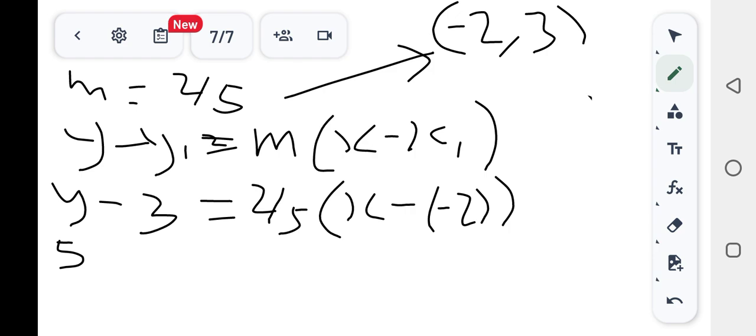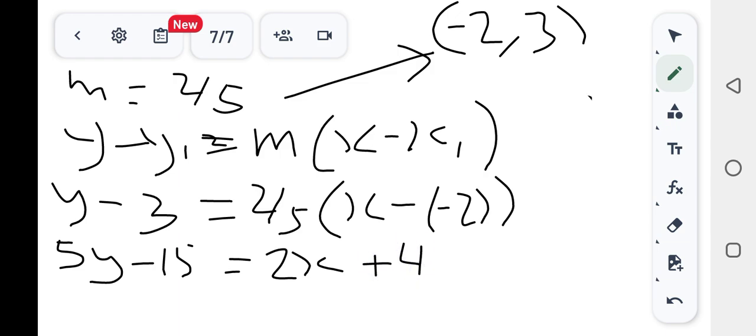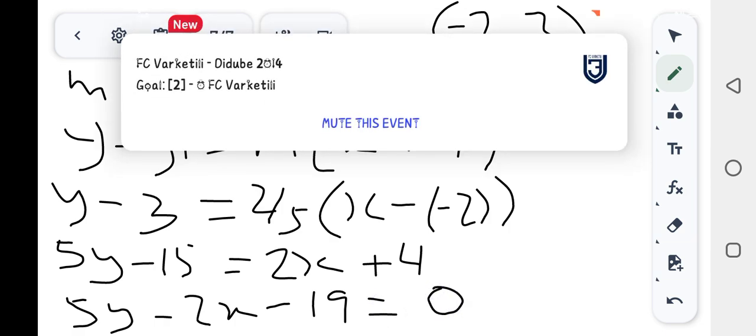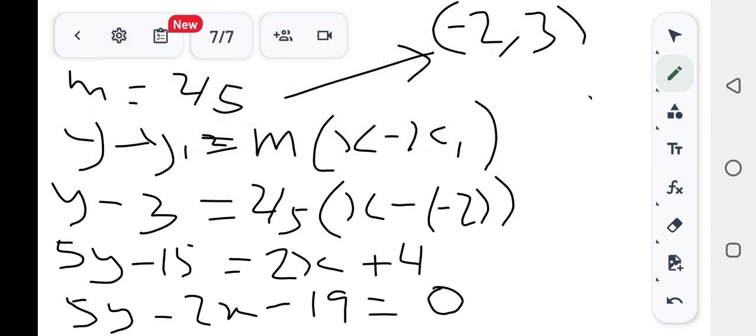We have 5y minus 15 is equal to 2x plus 4. Now in the general form, 5y minus 2x minus 19 is equal to 0. This is the equation of the perpendicular bisector. So you have 5y minus 2x minus 19 equals 0. Thank you for watching.